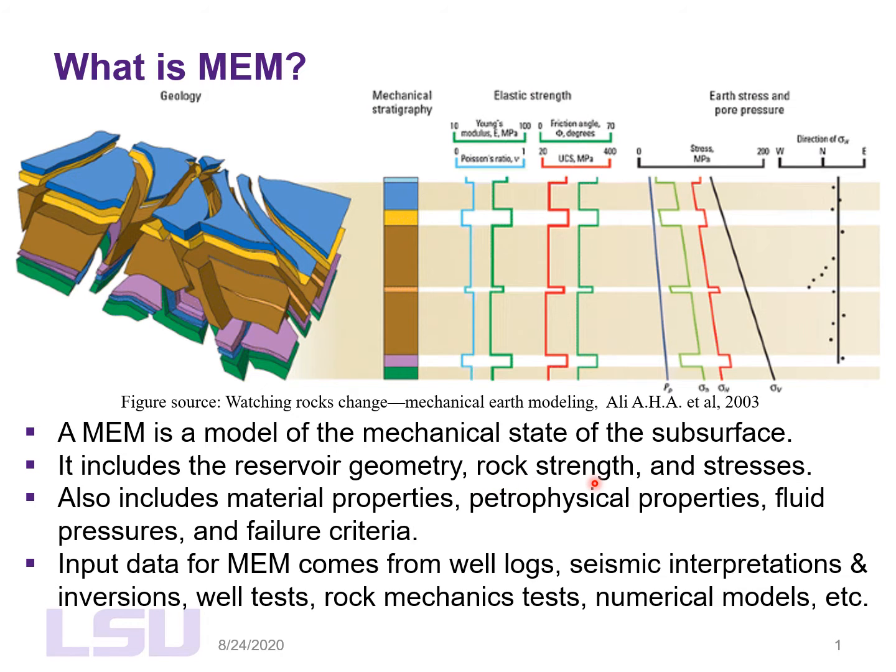The strength of the rock and the stresses applied on the rock. So we could be interested in, say, this brown layer here, but there are several other formations sitting on top of that formation of interest, and they have mass, right? The mass multiplied by the acceleration due to gravity gives you the force they exert on the formation of interest.